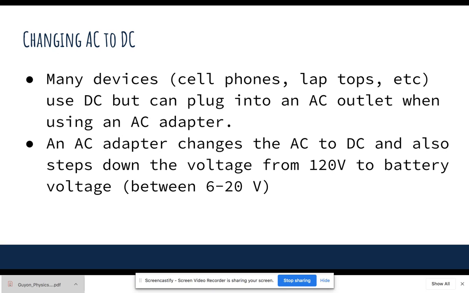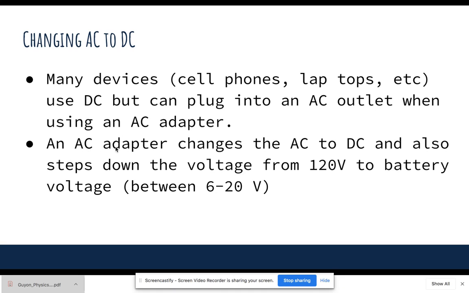Also, if you have a laptop, a lot of times their plugs will have almost like a little cylinder on it, or some kind of box that's converting it from AC to DC. Okay. Some devices in our houses that use DC, you don't even see that conversion. Sometimes the conversion is within the device itself.